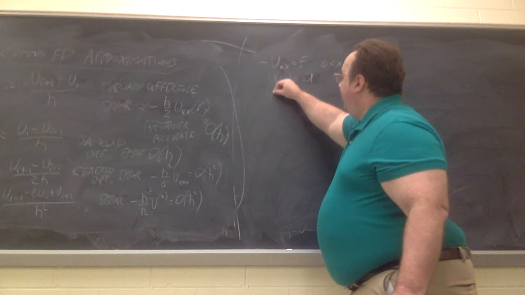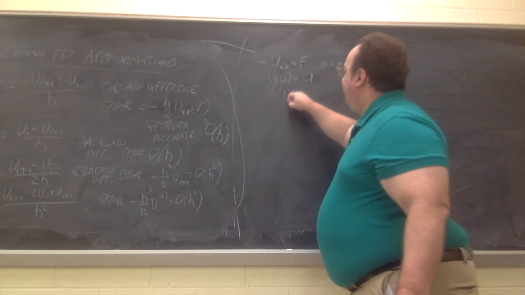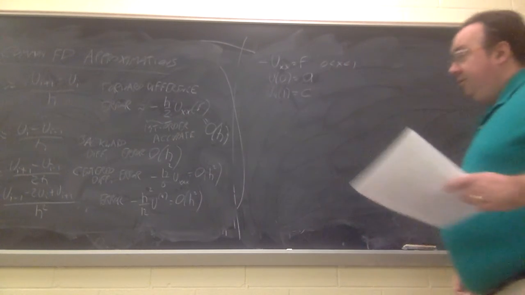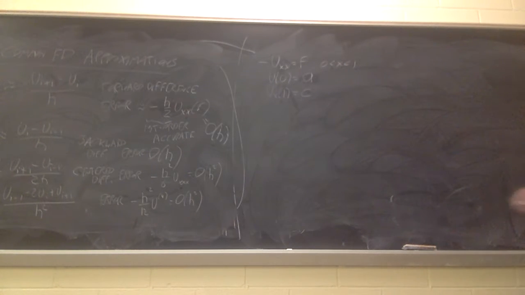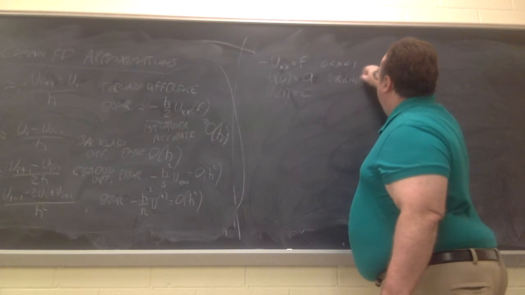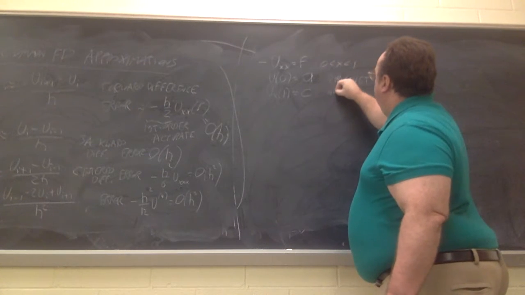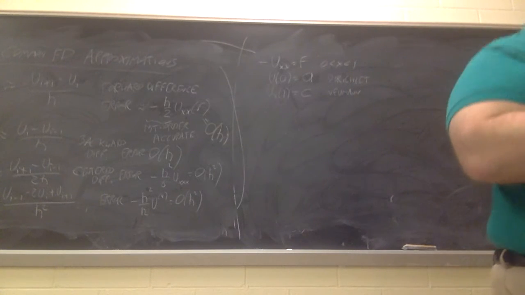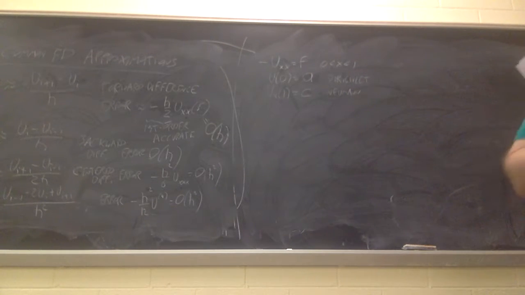And at the other end, you can have a Neumann boundary condition. You say ux at 1 is equal to some other value c. So Dirichlet and Neumann.